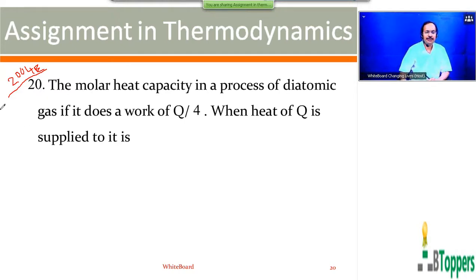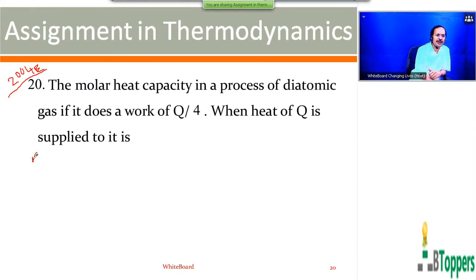You can observe the same model problem is also given in the book Concepts of Physics by H.C. Verma and some of the other standard books. So look at question number 20 now. The molar heat capacity in a process of a diatomic gas, if it does a work of Q by 4 when heat Q is supplied to it.